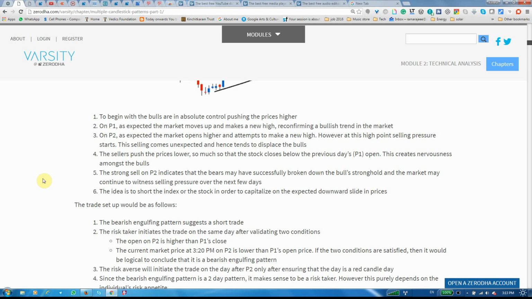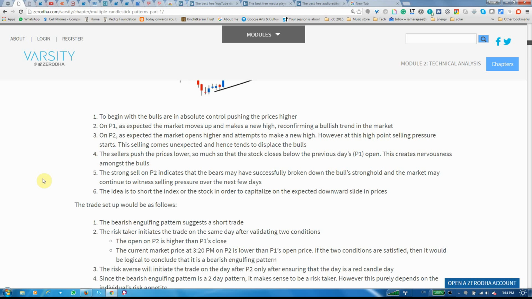This selling comes unexpectedly and hence tends to displace the bulls. The sellers push the prices lower, so much so that the stock closes below the previous day's P1 open. This creates nervousness amongst the bulls. The strong sell on P2 indicates that the bears may have successfully broken down the bulls' stronghold in the market, and we may continue to witness selling pressure over the next few days.